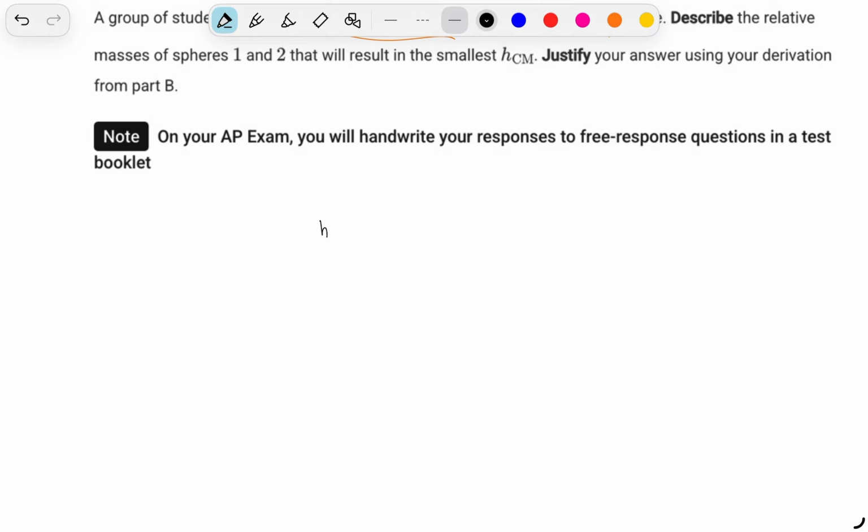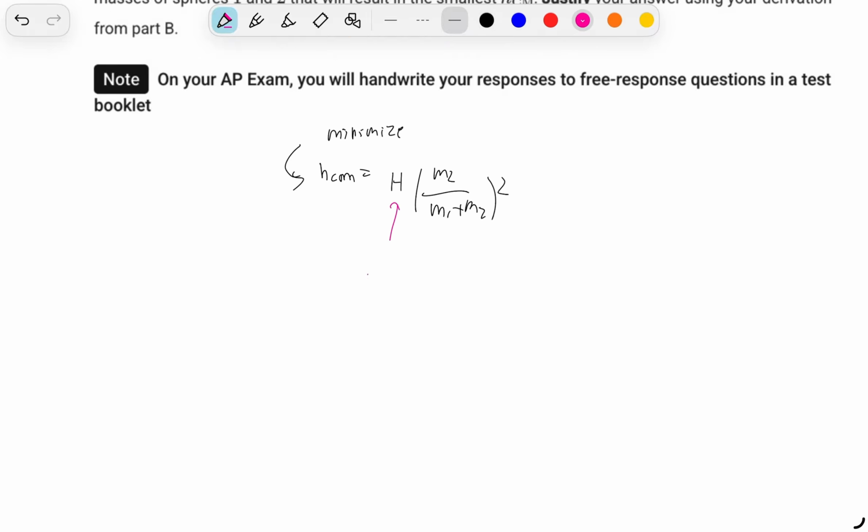So if we want to have our h center of mass, we want to minimize this. This equation was your h times m2 over m1 plus m2, squared, that we had earlier. So we know that that height is going to be fixed. So we need to minimize this.